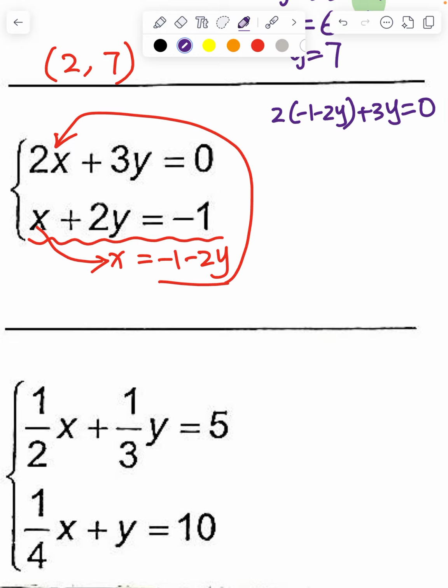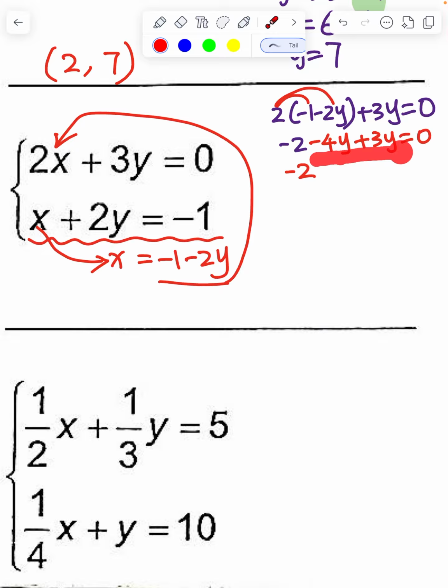Then the distributive property. So 2 times negative 1, that's negative 2. Then 2 times negative 2y, that's negative 4y. So negative 2, we have like terms here, negative 4y plus 3y. Negative 4 plus 3, that is negative 1. So negative 1y equal to 0.